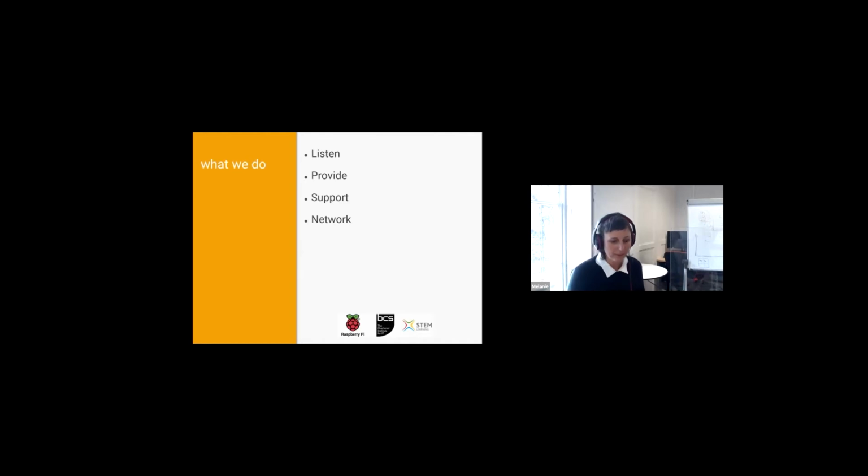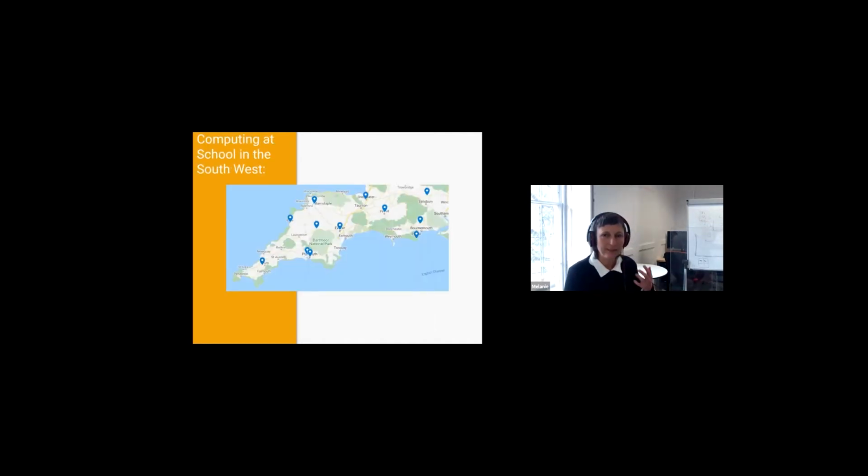This network is really well demonstrated by this map that you see here. These are all the CAS communities, all the Computing at School communities that currently operate within the Southwest. And they really are your best starting point to grow both your own practice and that of your colleagues.